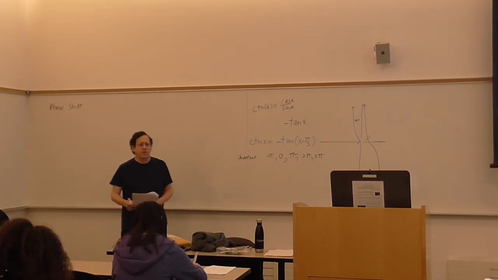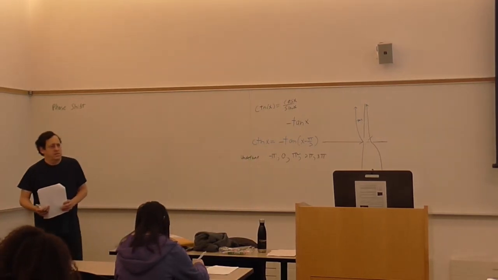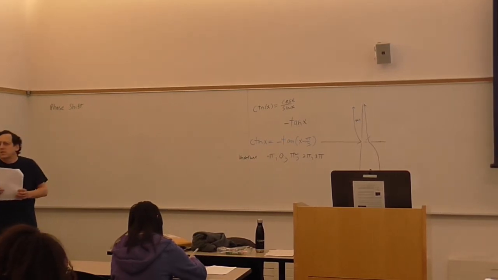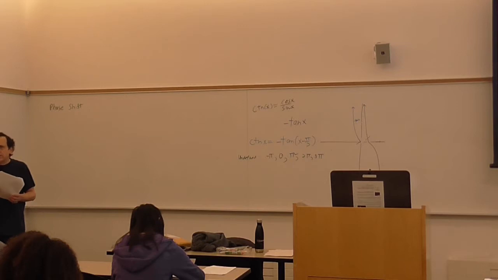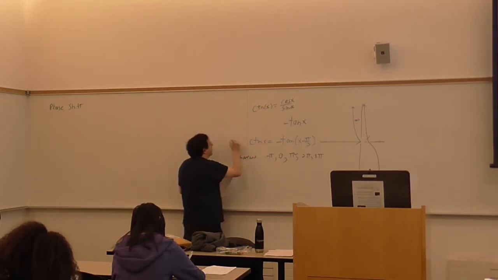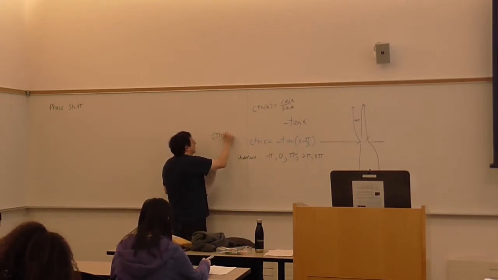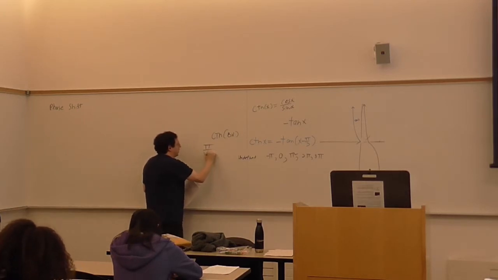Pretty easy. Yeah. It's just like the tangent, it's pi. Or if you have a b value in here, cotangent of bx, it'll just be pi over b.